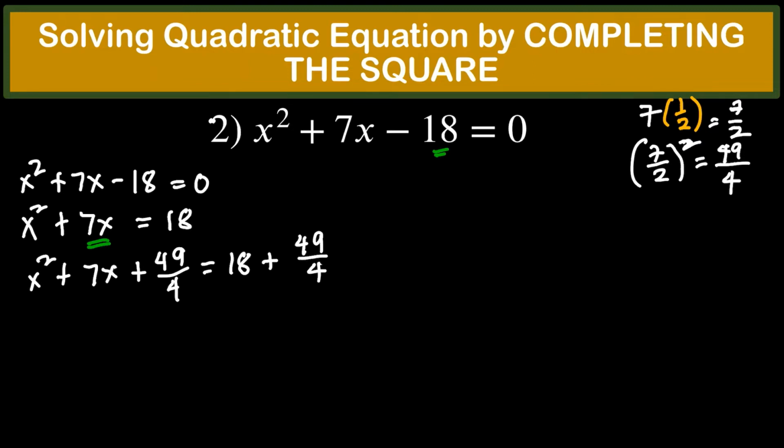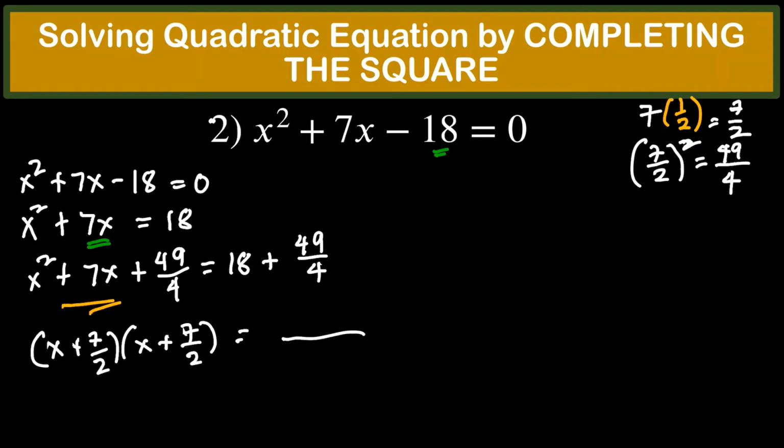Now if you notice, this one is a perfect square trinomial. We can rewrite that as x plus 7 over 2 times x plus 7 over 2, equals, now the least common denominator here is 4, and 4 times 18 gives you 72, plus 49.